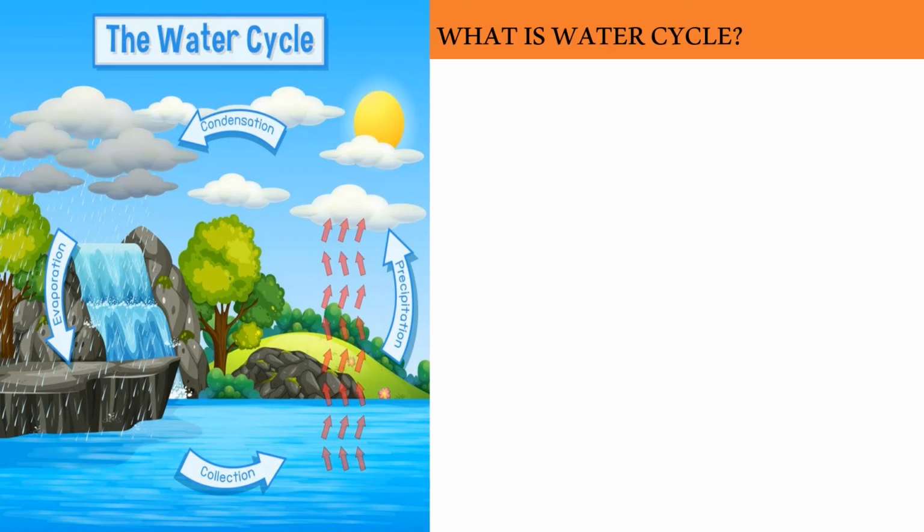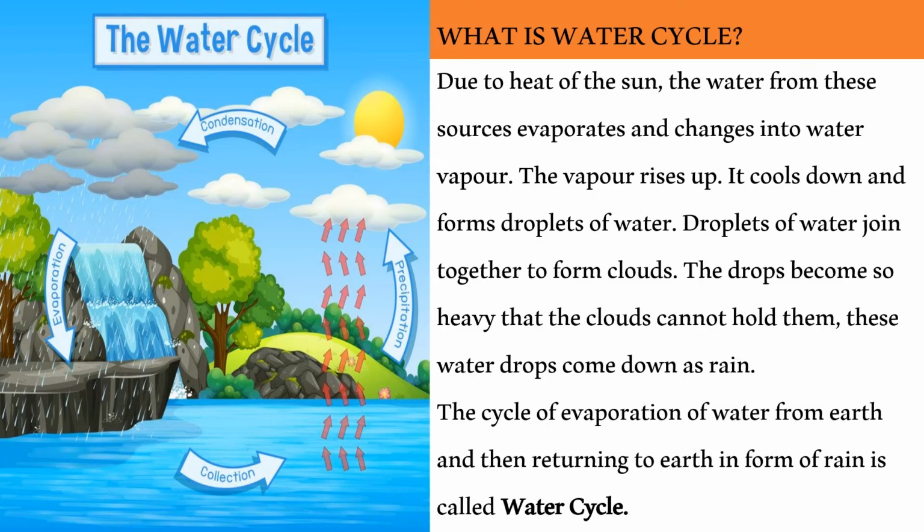Now water cycle. What is water cycle? You can see here in the picture, it's written evaporation, collection, precipitation, condensation. Due to the heat of the sun, the water from these sources evaporates and changes into water vapor. Water vapor becomes very light in weight, and that is why it rises up in the sky towards the clouds.